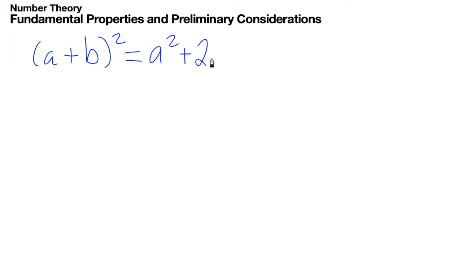Let's try to move on with a plus b squared. We know this from our expansion of a binomial: this is a squared plus 2ab plus b squared. If we're going to use the binomial theorem, let's start first with the formula.